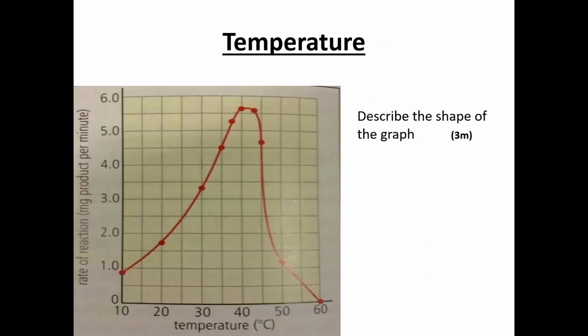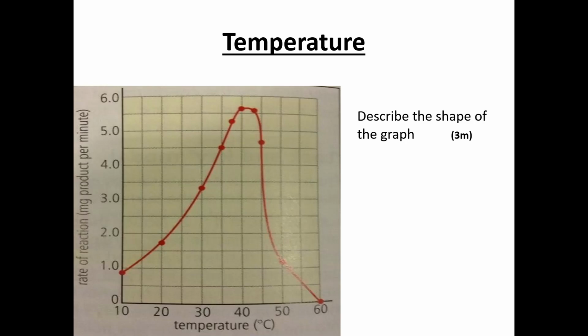From this graph we can see that at 10 degrees the rate of reaction is 1 per minute. It goes up to roughly 37 or 38 degrees. That is the optimum temperature, and that is the maximum the enzyme can reach.